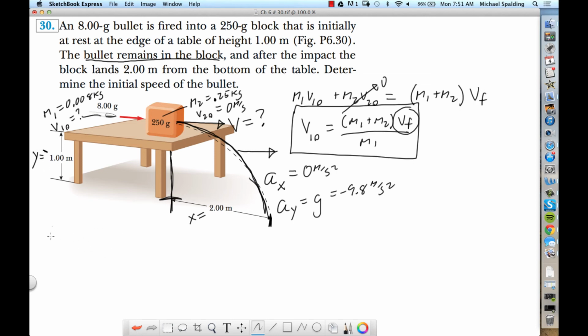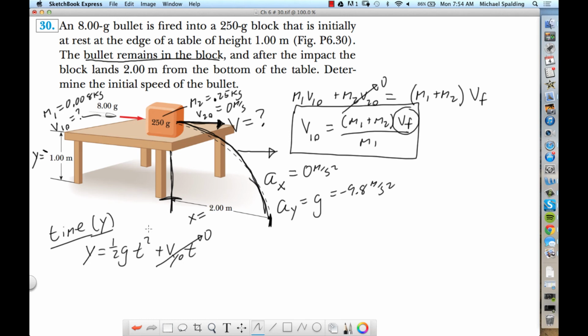Okay, so what we're going to do is first find the time in the air using the y direction. So using the first kinematic equation, y equals 1/2 g t squared plus vy initial t. What's the starting y velocity as the block leaves the table? It's 0. There is no y velocity when the block leaves the table, because the velocity is all in the x.